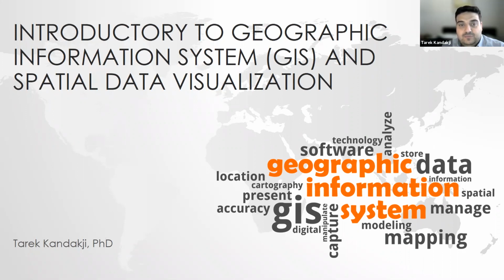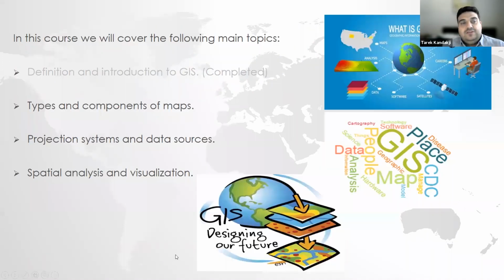Today we will talk about the types and components of maps. Last time we completed the definition of GIS, and we talked about some main concepts in GIS. What are the components of the computer system?